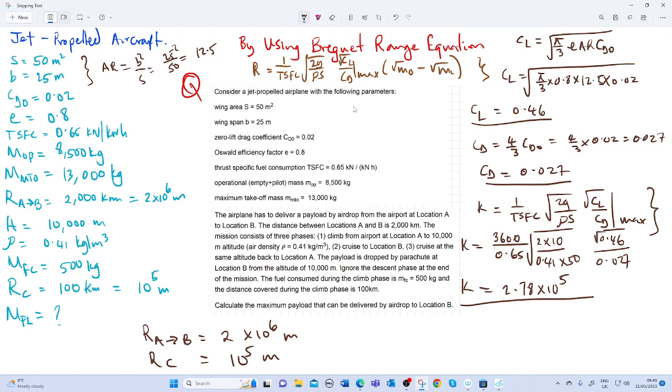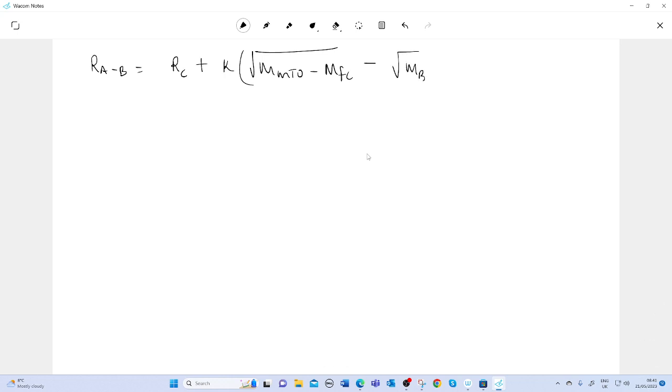Now, in order for us to find the payload or the mass at B, the equation becomes R A to B equals the range, that is the distance covered during the climb, plus the K constant of the Breguet equation multiplied by the root of the maximum takeoff weight, minus the mass of the fuel during the climb, minus the mass at airport B.